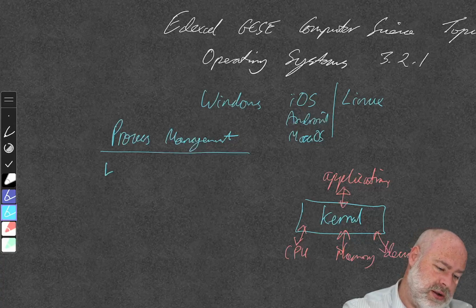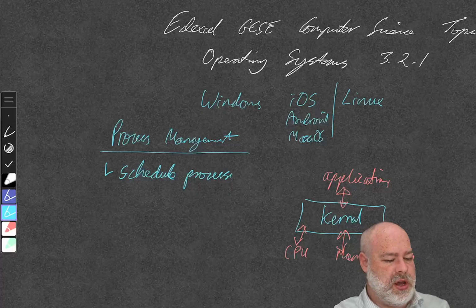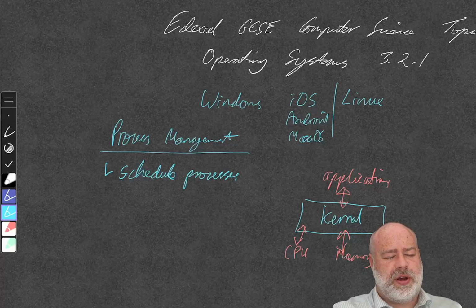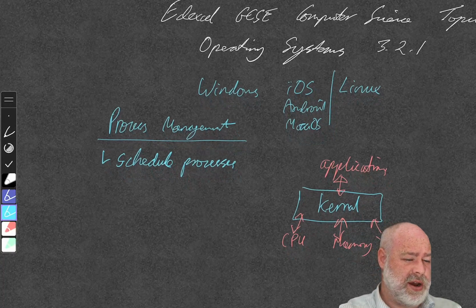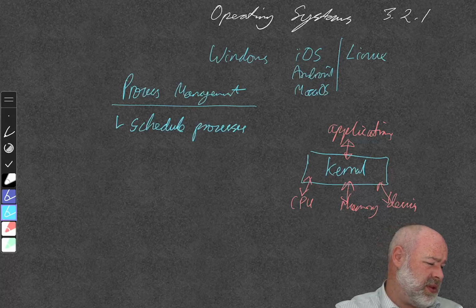So I'll put in here a little schedule processes. As we looked at the fetch, decode, execute cycle, we saw all those different instructions and all the data that's in our primary memory and our RAM. Well, who decides what happens first and what happens next?